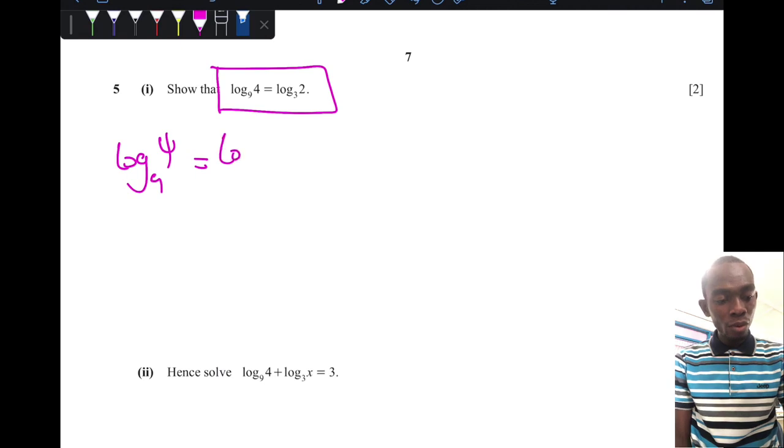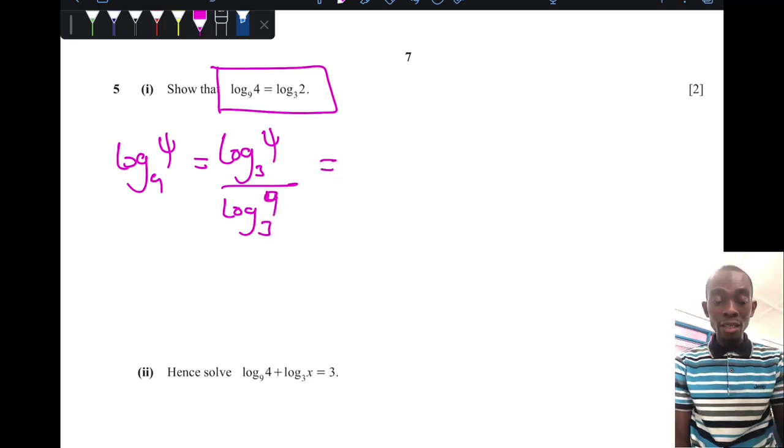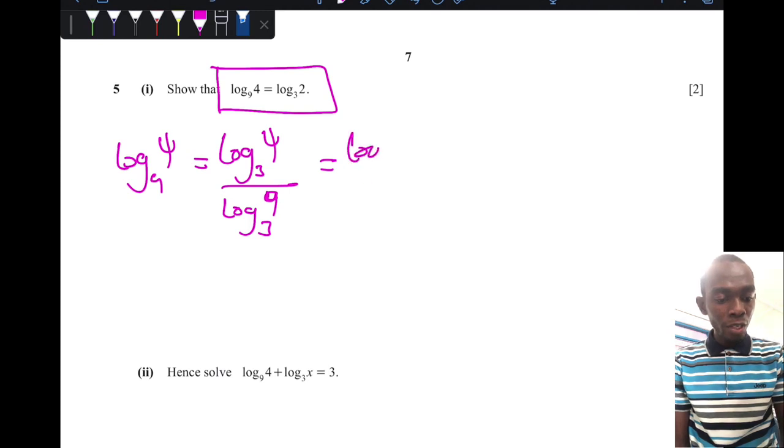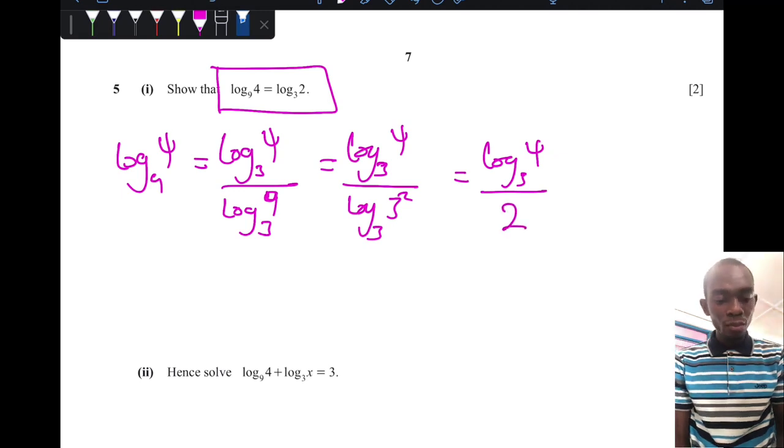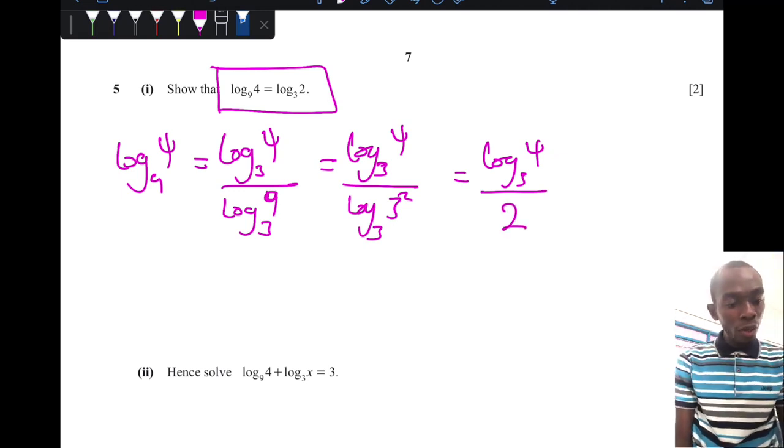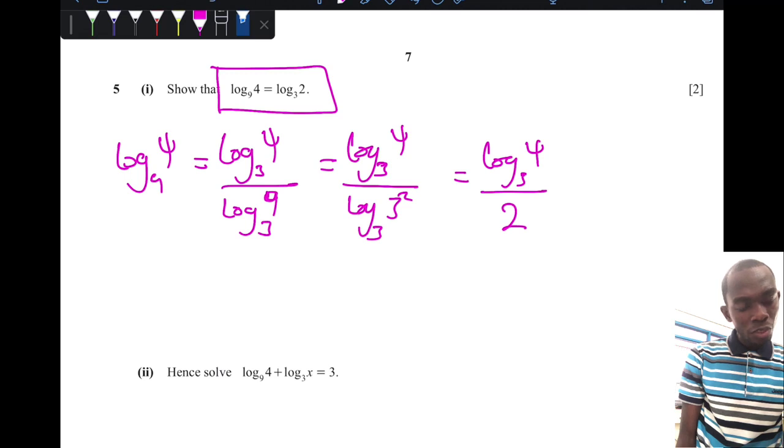So you have log 4 base 3 over log 9 base 3. But you know 9 is a perfect square, so you can write it as log 3 squared base 3, and that will give you 2.